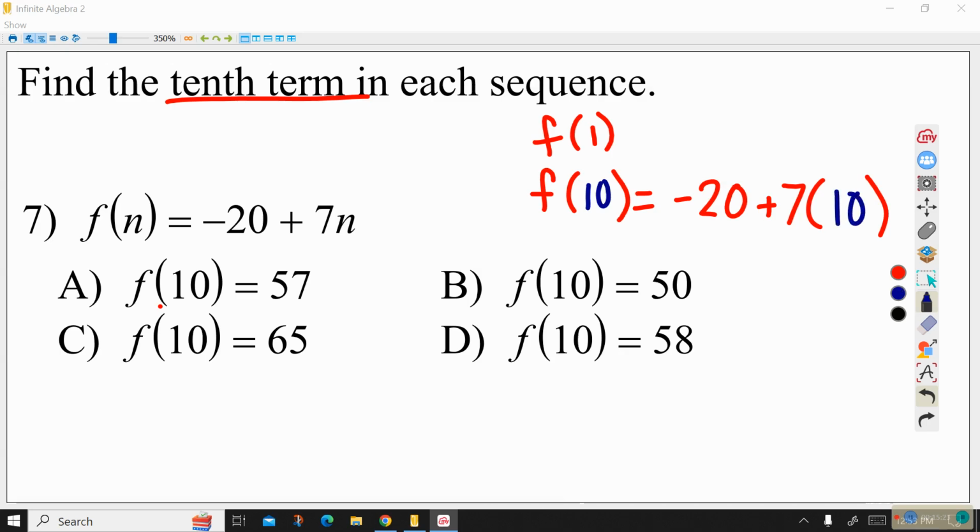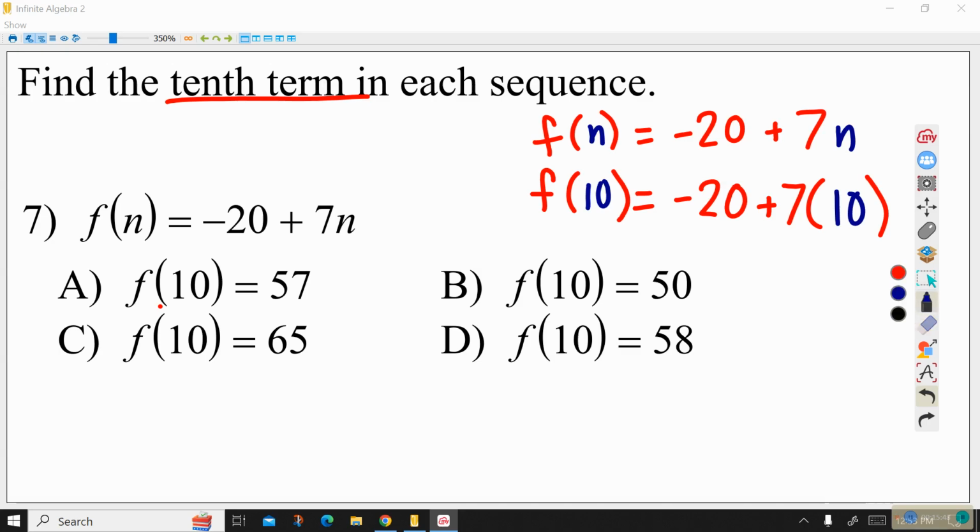Notice how when I have this one, I'm going to write it right on top so you can see these two next to each other. If I have f of n equals negative 20 plus 7n, notice what changed. I'm going to make this blue so that it stands out a little more for those of you that are getting lost here. Notice how the n and the n are right here and right there. Now when I change this to 10, this one changes to 10.